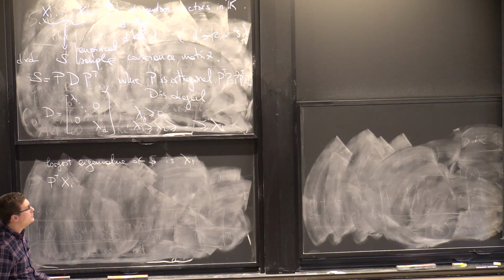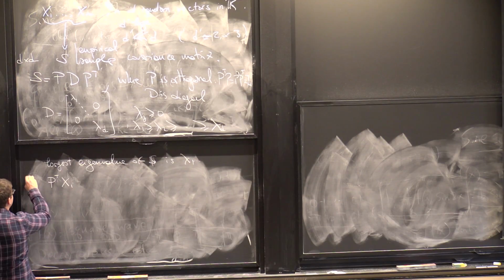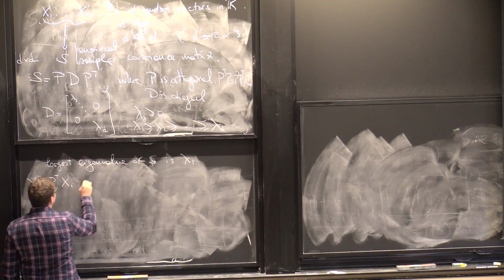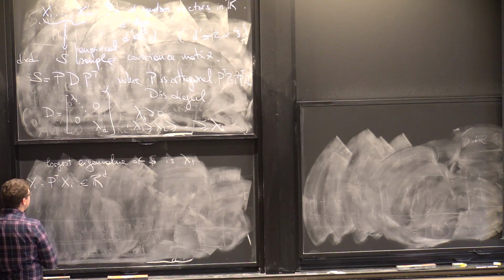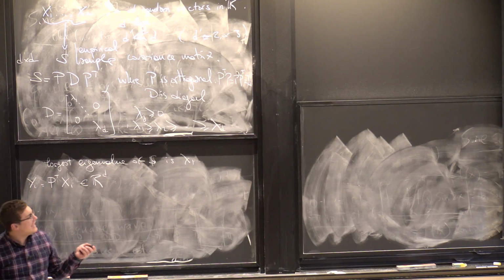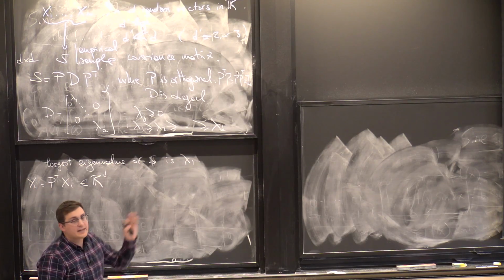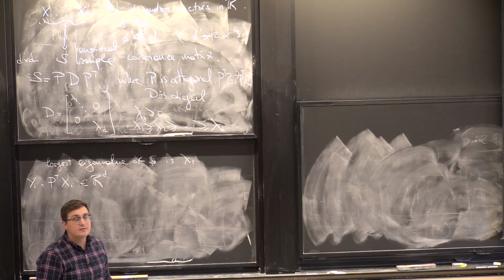So what I claim is that P transpose Xi, that's a new vector. Let's call it Yi. It's also in R^d. And what I claim is that the covariance matrix of this guy is actually now this diagonal matrix, which means in particular that if they were Gaussian, then they would be independent. But I also know now that there's no correlation across coordinates of Yi.